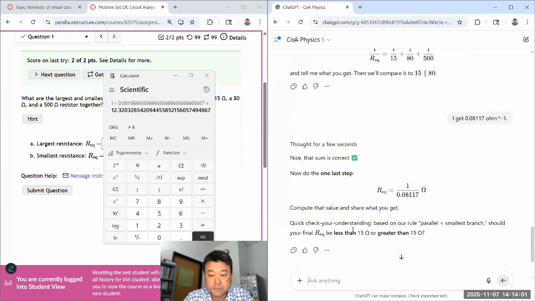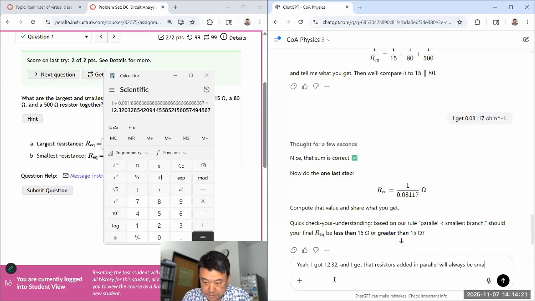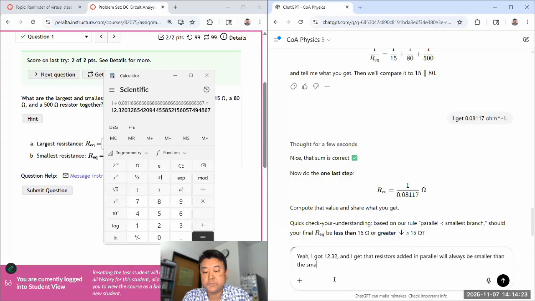Yeah, last step. Oh, yeah, I got 12.32. And I get that resistors added in parallel will always be smaller than the smallest of the group.